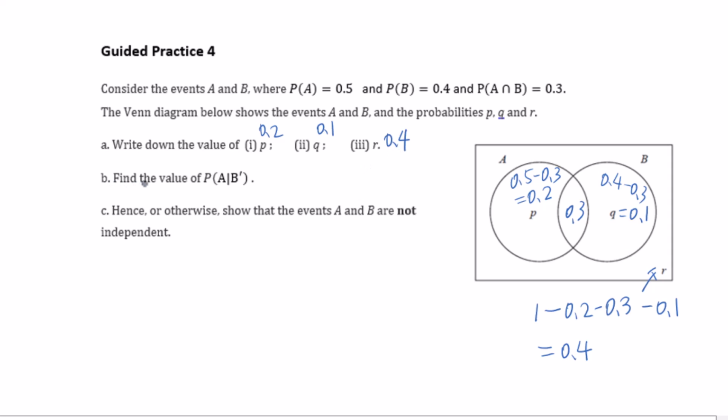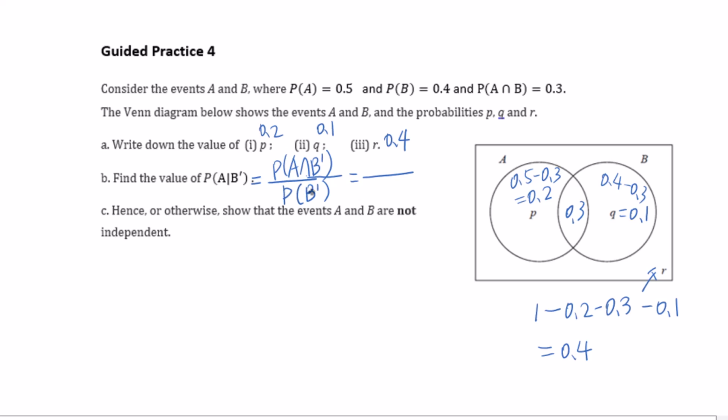For part (b), find the value of the probability of A given B prime, which means the probability of A intersection B prime all over the probability of B prime.